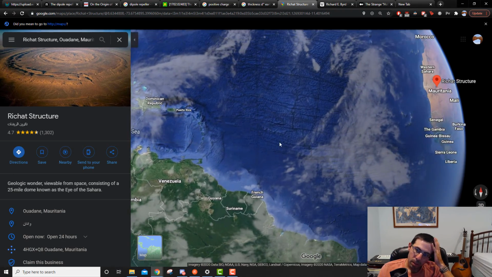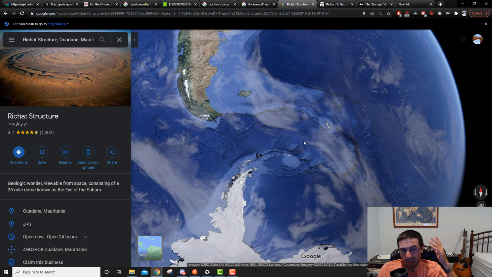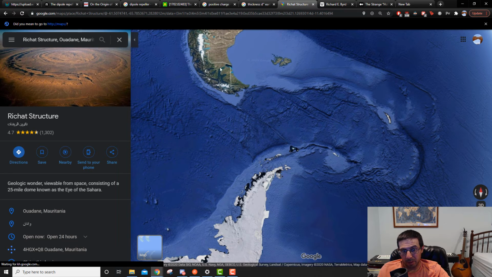And island arcs are between South America and Antarctica. The same thing happened. The two continents split apart, sending out a shock wave of energy, producing an island arc, and islands along the top side and the bottom side of the shock wave of energy.